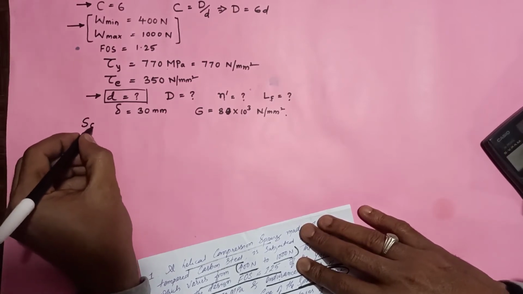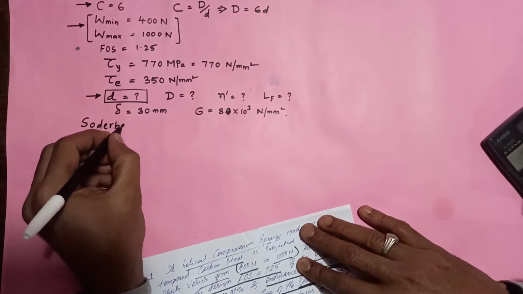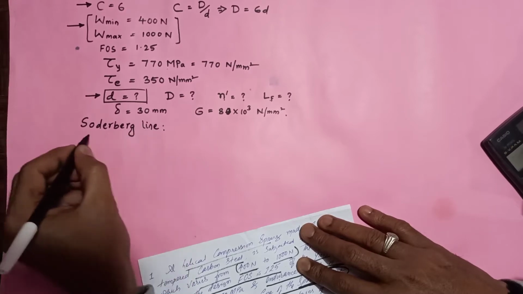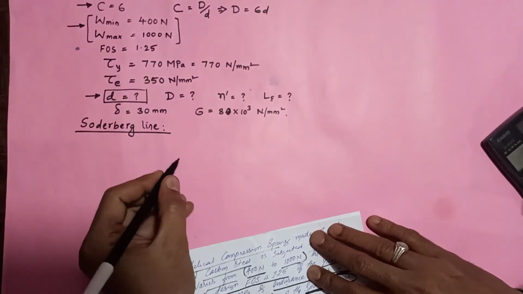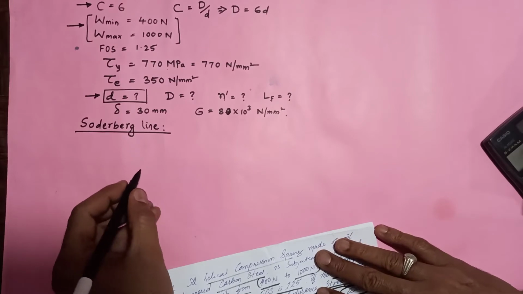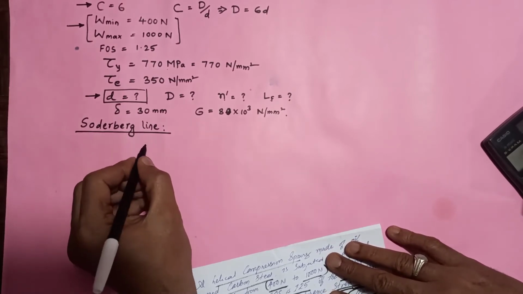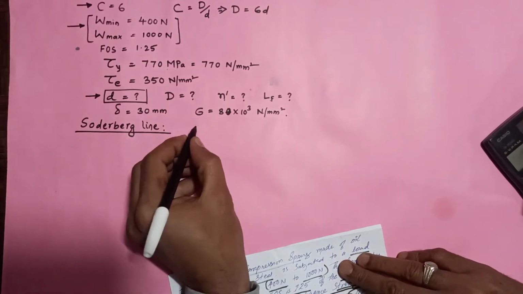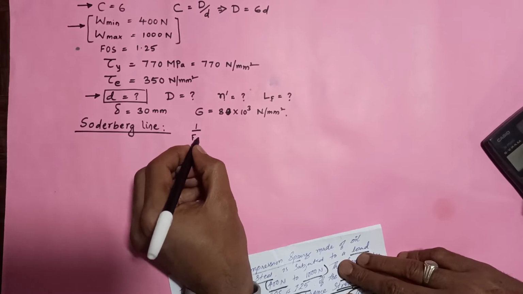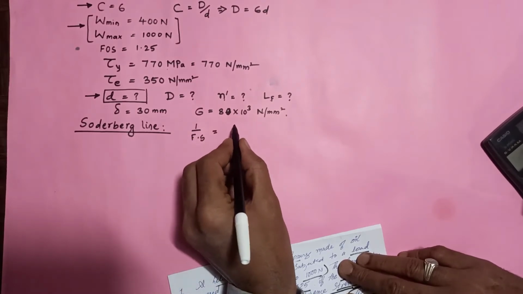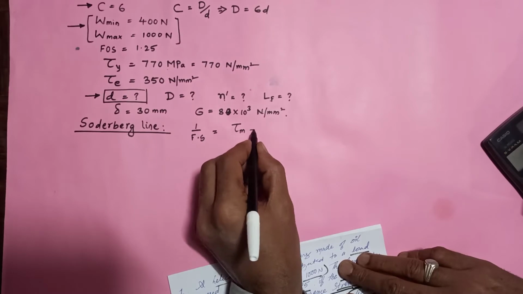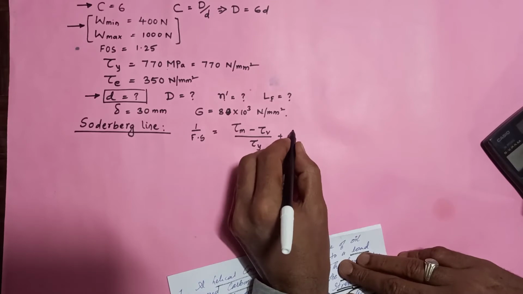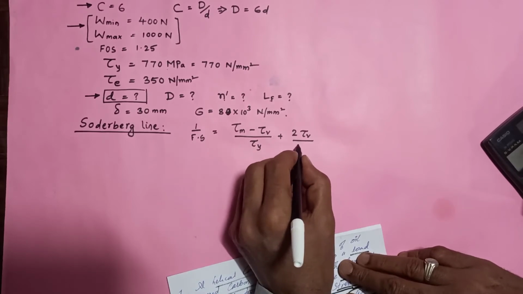According to the Soderberg straight line equation, 1 by factor of safety is equal to tau m minus tau v by tau y plus 2 tau v by tau e.